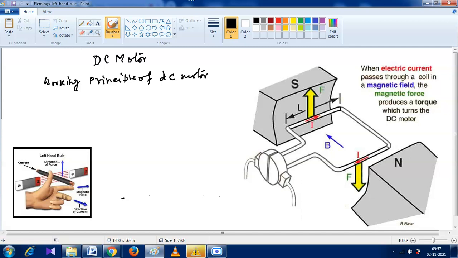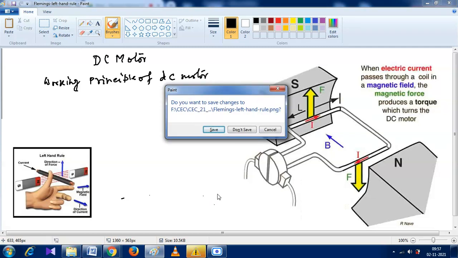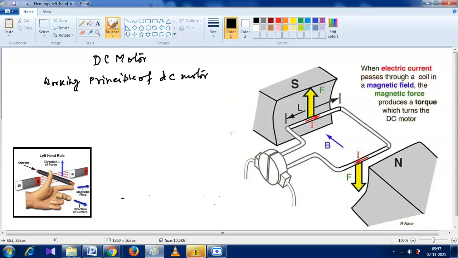Khushbu, Ayush, tell me, is there any constructional difference between DC generator and motor? No, sir. No. Good.